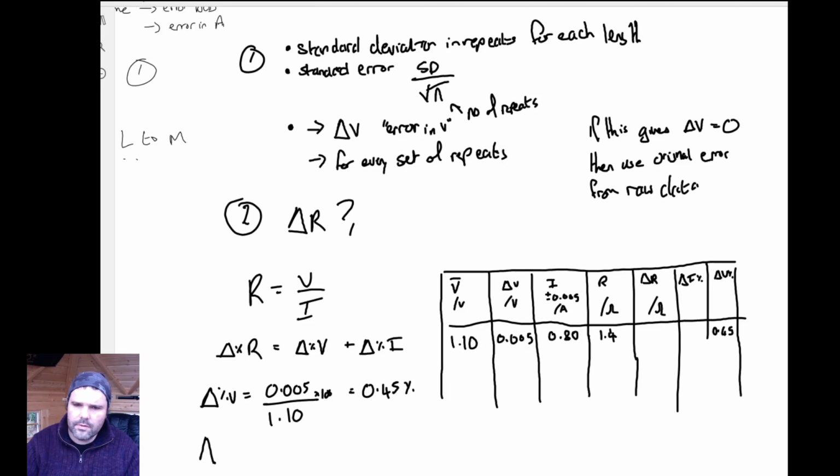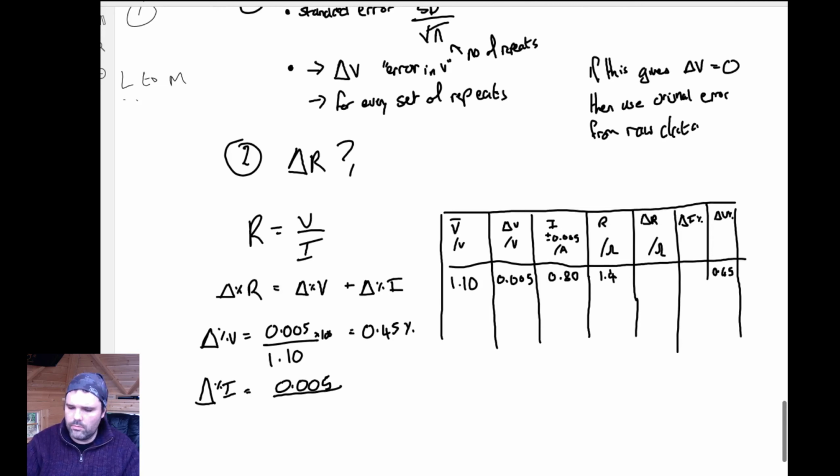Likewise for current, percentage error in current. I'm using the plus or minus because this was raw data, so I'm probably going to have the same thing for everything, 0.005. Whether the V error is the same for every one of them would depend on the repeat readings, so it might get a different value for every one of those. 0.005 over 0.8 times 100 gives me 0.625, so 0.63%. So squeeze that in there, 0.63%.